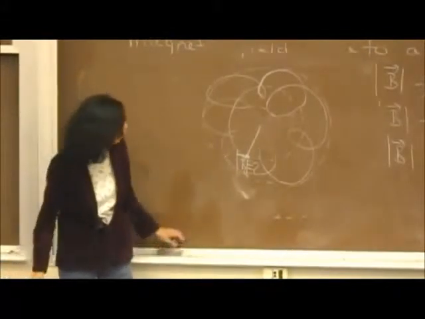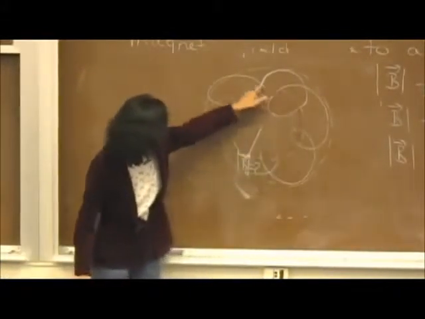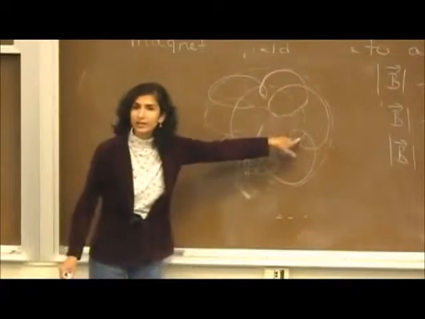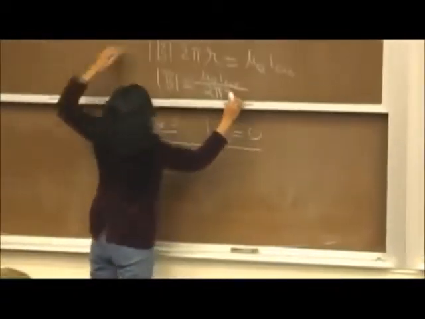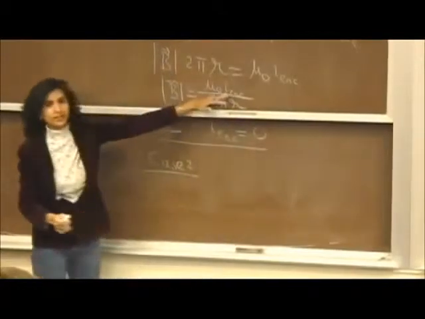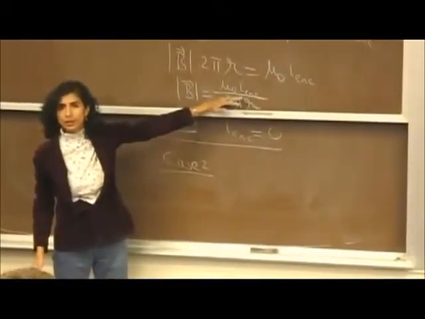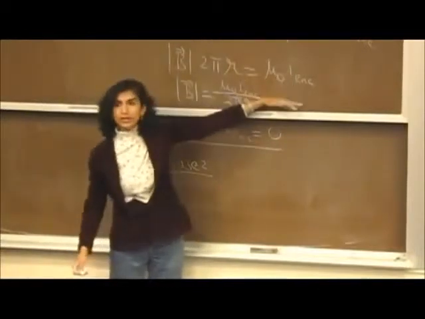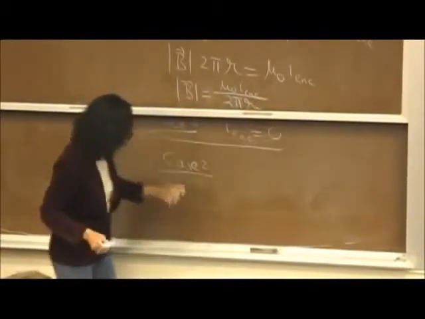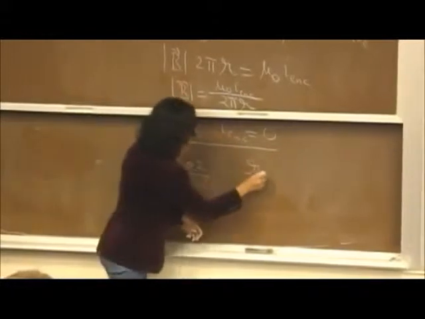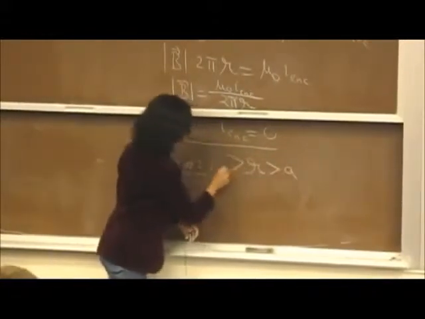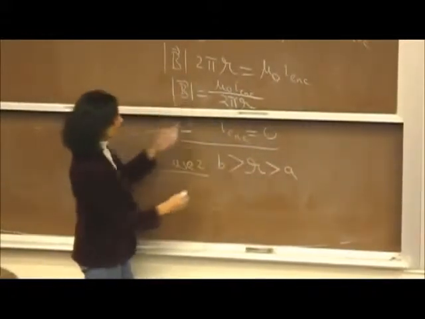Again, from the symmetry of the situation, can you tell me that the magnitude of the magnetic field definitely is the same everywhere? You can, right? So again, all of the arguments that we gave over here still hold. Don't you think that the whole thing again flows through? The only thing now is, r is greater than A, and less than B. This time again we are here.